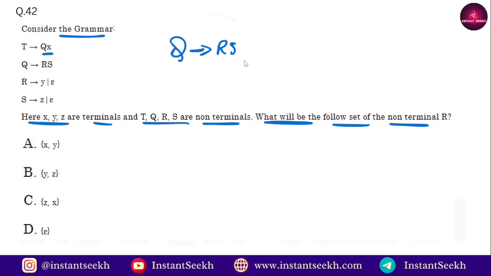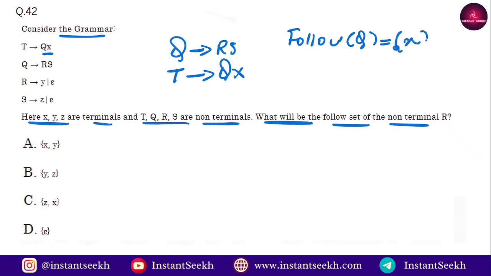Q is here. From T we are going to QX, so the follow of Q includes X. So we can conclude follow of Q equals X. From QRS, the symbols that follow R are the symbols in the follow set of S. Now let's determine the production for S. S produces Z and epsilon.